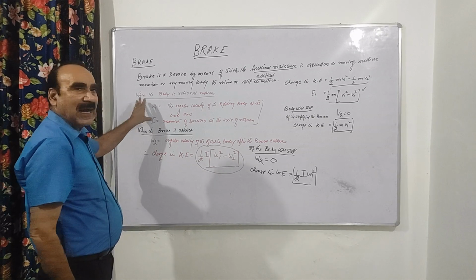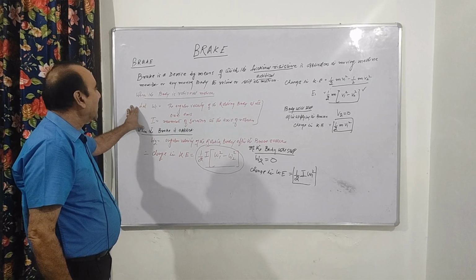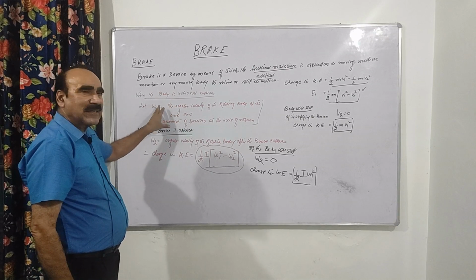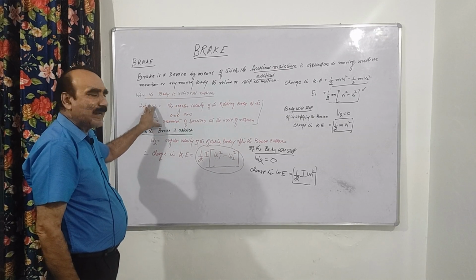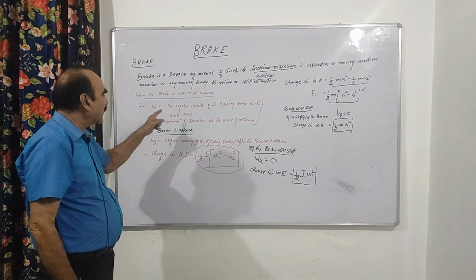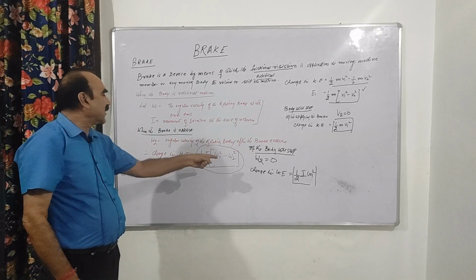First, I have given you the description when the body is in translation motion, how much energy is being absorbed by the brake. And this is when the body is in rotation, how much energy is absorbed by the brake. This is the relation.